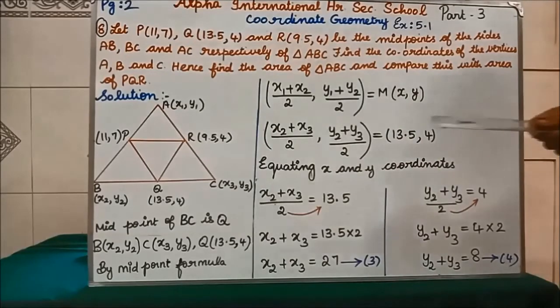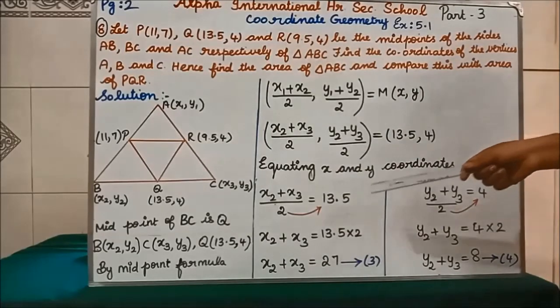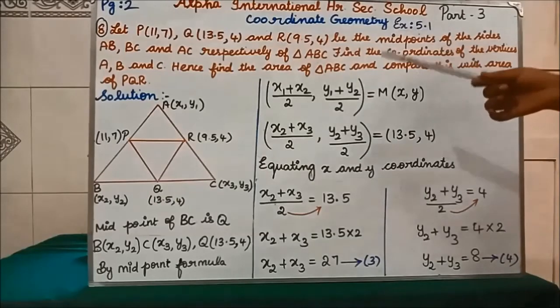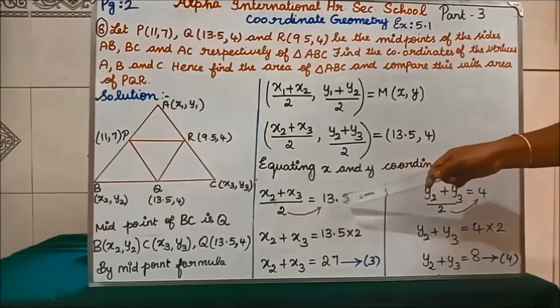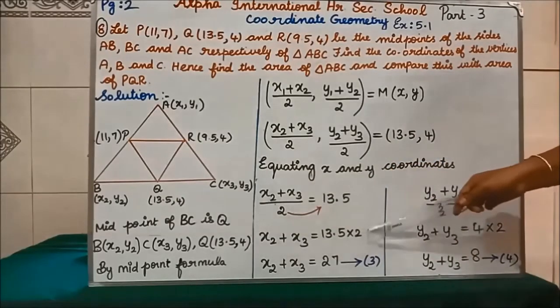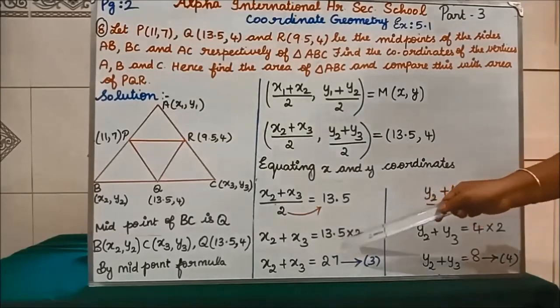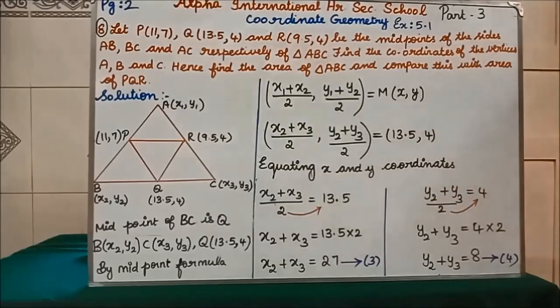So (x2 plus x3)/2 is equal to 13.5, and (y2 plus y3)/2 is equal to 4. After this we cross multiply. 2 into 4 is 8, so y2 plus y3 equals 8. Here, x2 plus x3, 13.5 into 2 is 27.